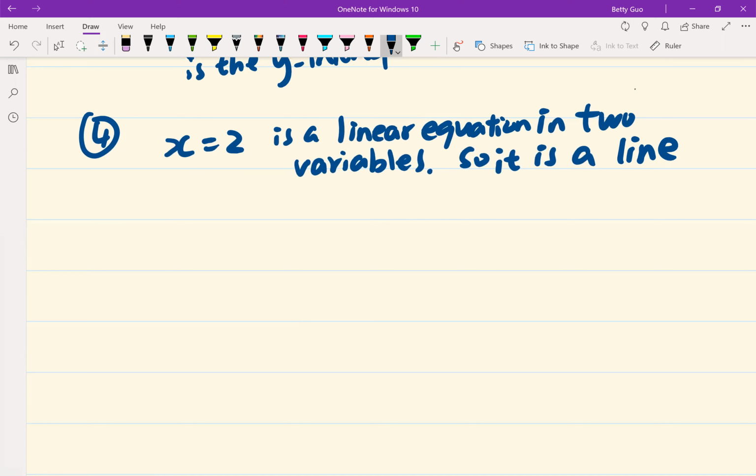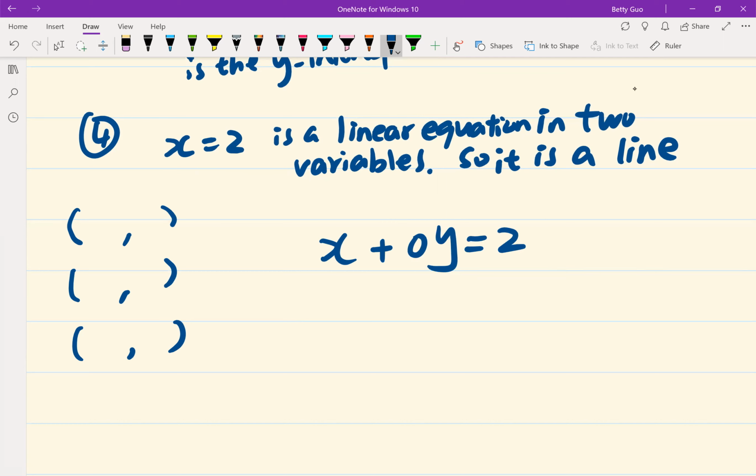Let's find some solutions for the equation. Because the coefficient of y is 0, it really doesn't matter what the value of y is, right? It could be 1, could be 0, could be 100, could be negative 100.